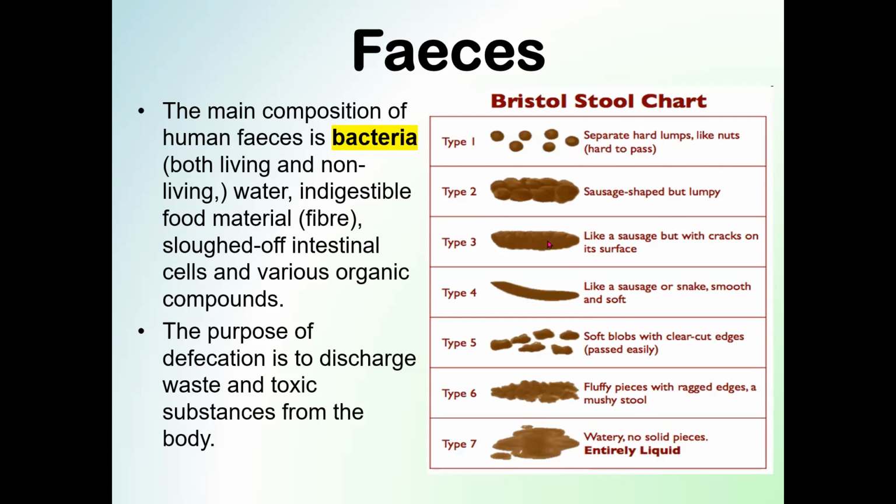I think I put this table in the notes, and you get a whole lot until it becomes type 7, which is entirely liquid. So medically, it's probably important to be able to pass on information to doctors about what's going on inside, and this gives them some information.